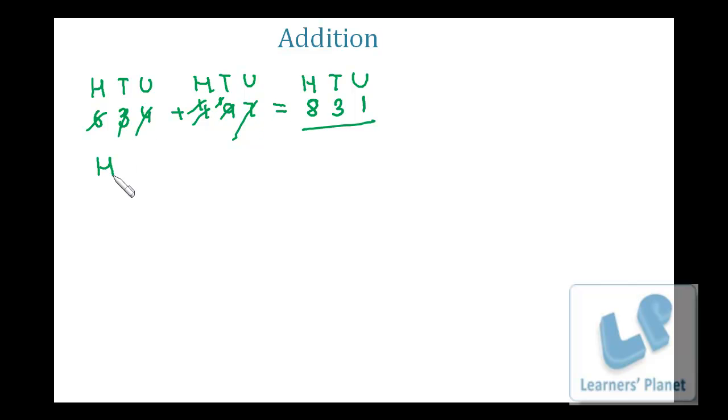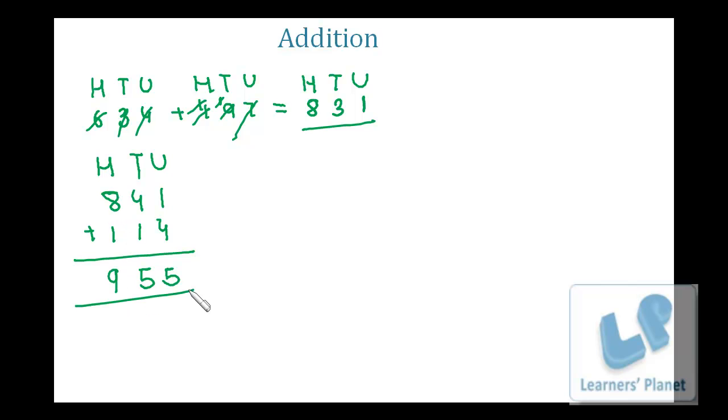Now again hundreds, tens and units. Suppose we have 841 plus 114. So 4 plus 1, 5, 4 plus 1 again 5, and 8 plus 1, that is 9. So that's 955. Again hundreds, tens, units.